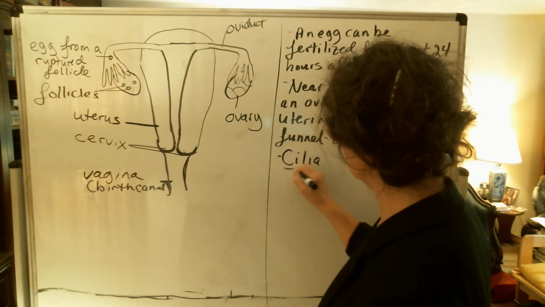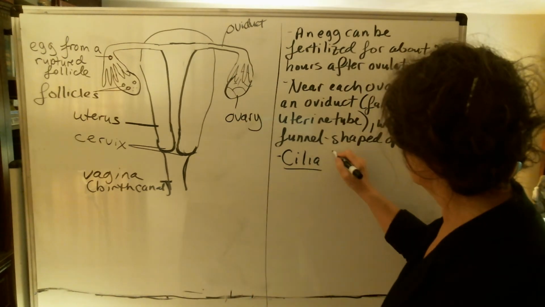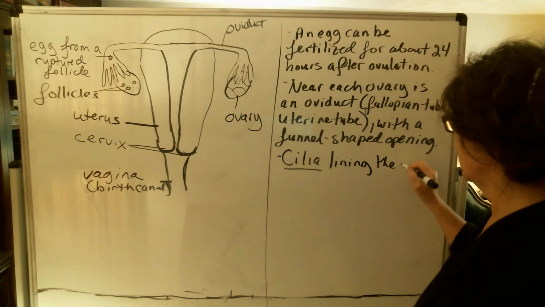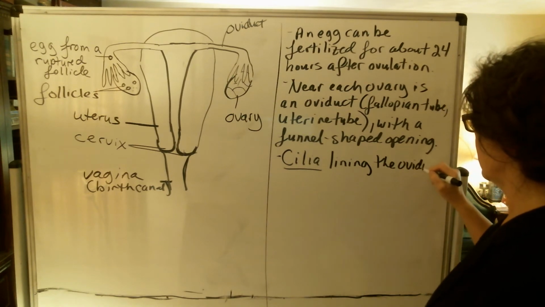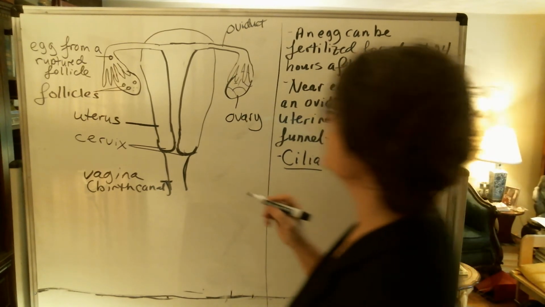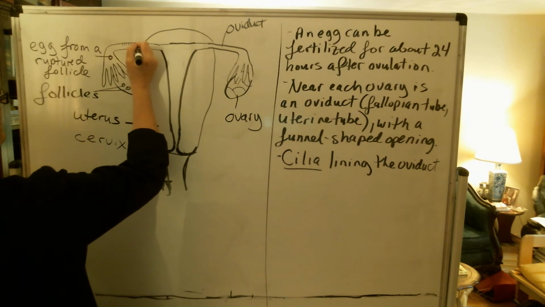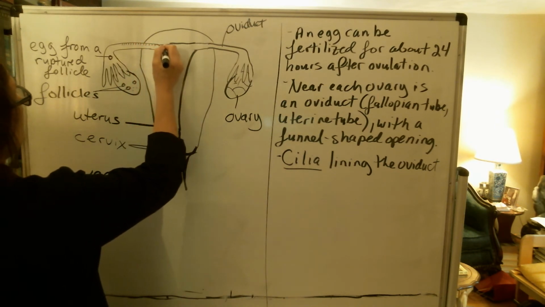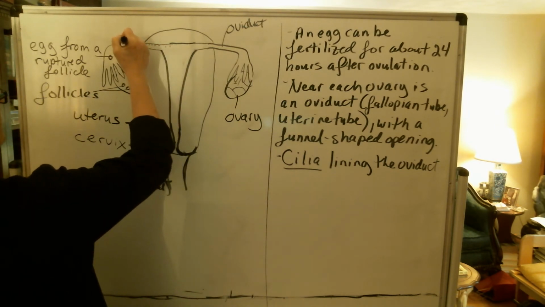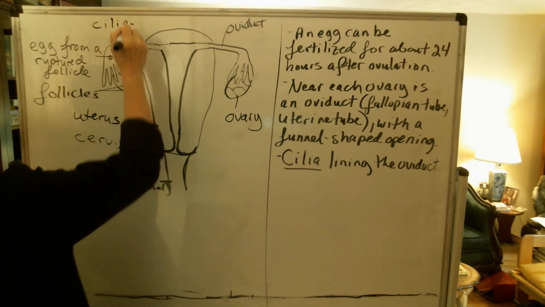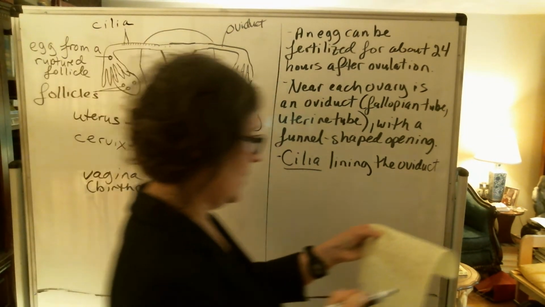There are cilia, then, lining the oviduct. So let's draw some of them in. I'm not going to draw all of them in, but the point is here, there will be cilia all throughout the oviduct. So there are your cilia inside the oviduct.